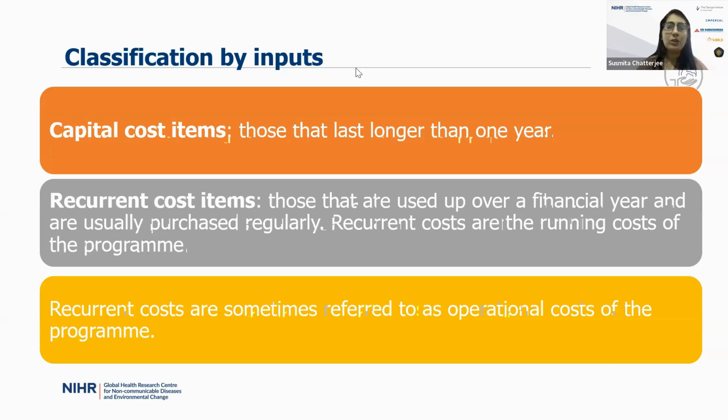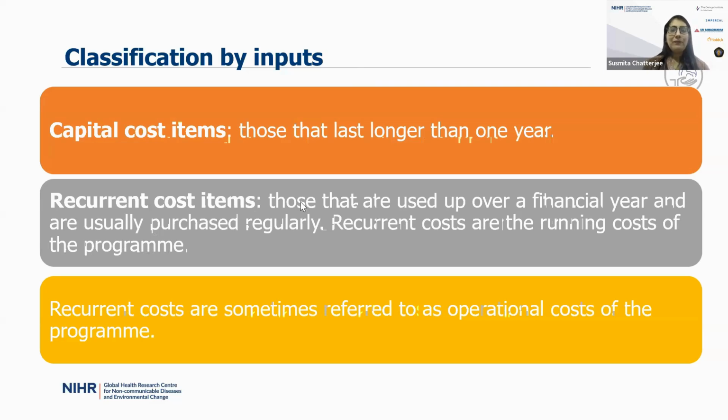EEG machine, X-ray machine, of course they last more than 1 year, but remember that a capital item should last longer than 1 year, okay? There could be some machine, for example, I'm thinking of the hub cutter. If you have seen hub cutters, they last for 3 months, so they cannot be capital items.